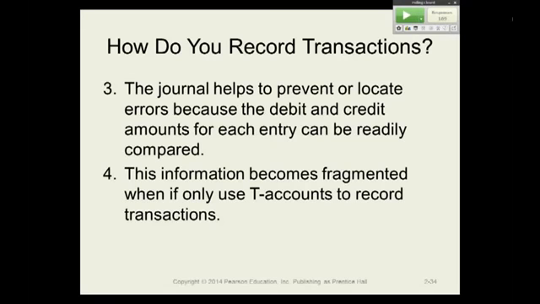Again, if we only use the T accounts, it's going to fragment the transaction into pieces, because the cash account could be on page 1 and the equity accounts could be on page 30, and you're not going to find them unless you flip through them. By page, I mean electronically, just scrolling through page after page of information.